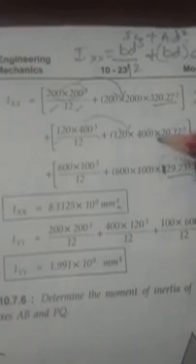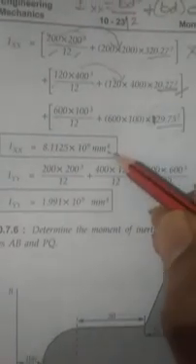That is the answer. So here this D3, which was 179, is now 129.73. So calculate all this.